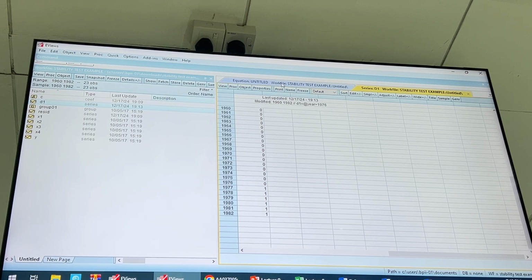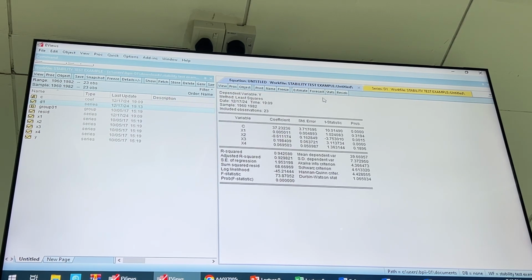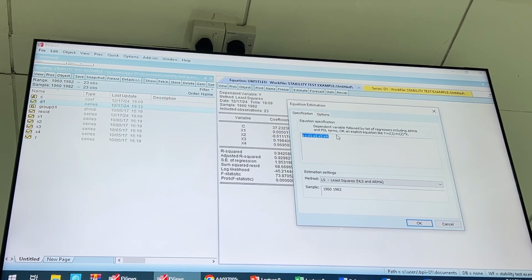So we go back to our model just now. In order to allow the intercept to be different, we need to add the dummy variable itself, so D1.